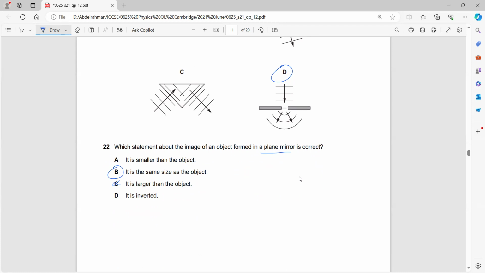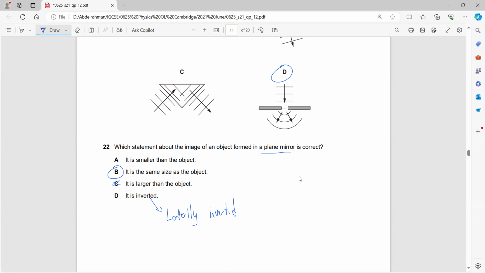I know some people might say it's inverted. It's not actually inverted, it's laterally inverted. And he has to say it explicitly. He cannot just say inverted.